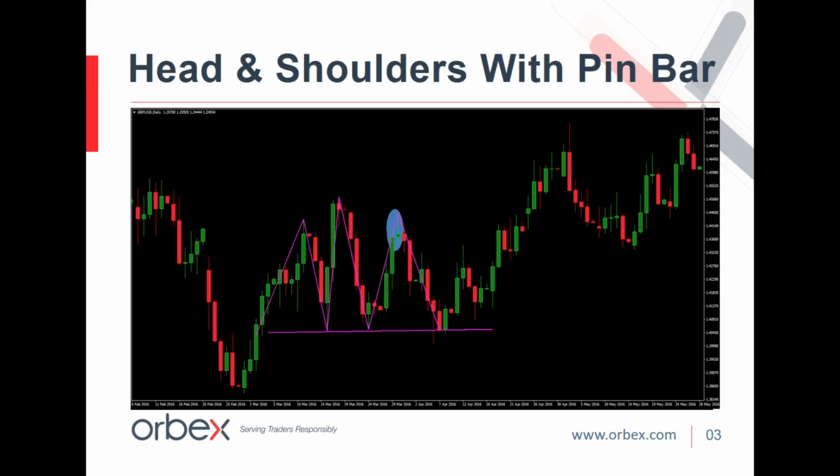However, where we're able to enter up here at the right shoulder and we can put our stop above the head of the pattern, then we don't even need to wait for price to break the neckline. We don't have to hold this and play it in the same way that we would a conventional head and shoulders trade. We can simply target and move down to the neckline.